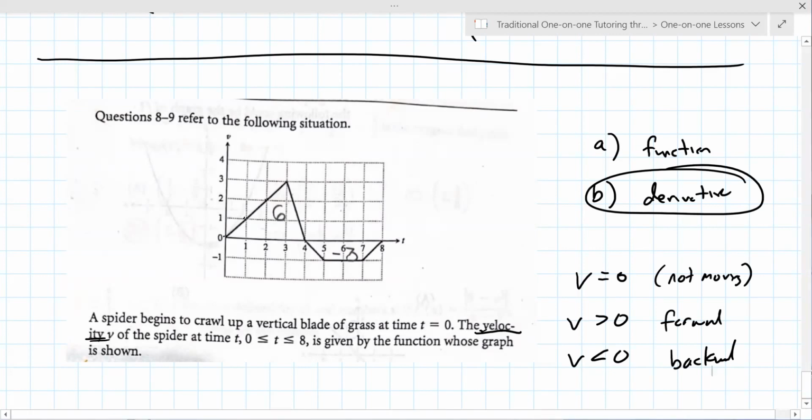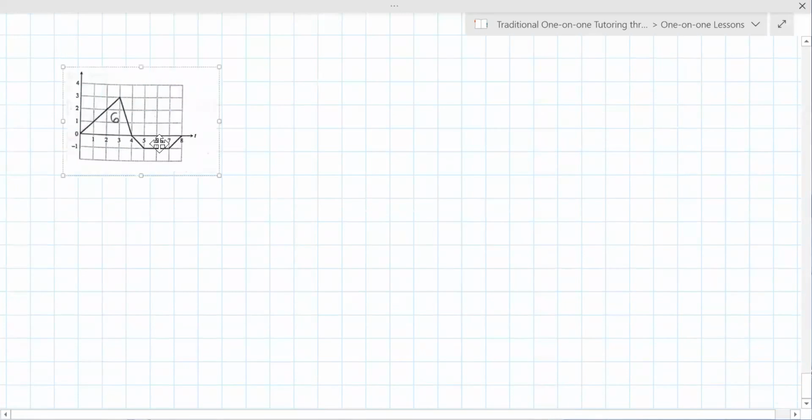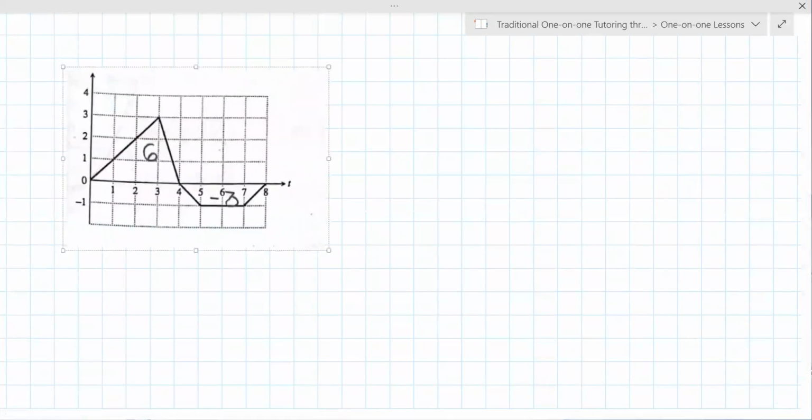Okay, so now we can answer some of the questions. So let me just grab this graph. Actually, let me just snip the graph and then the question each time. That'll help with this. So there's the graph again. And question number 1 says, at what value does the spider change direction?